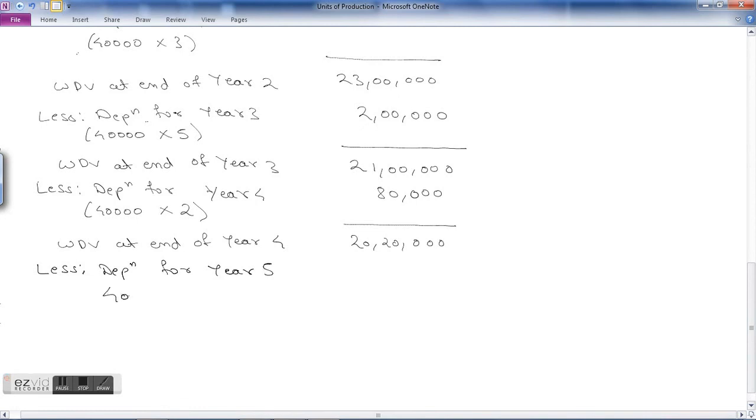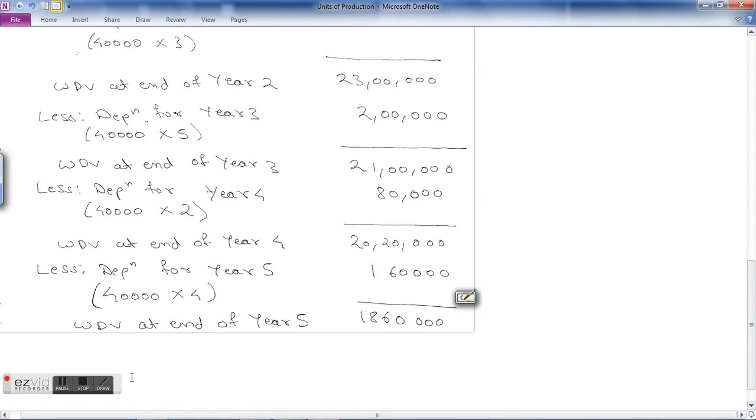So 40,000 into 4, that comes to 1,60,000. So WDV at the end of year 5 is how much? 18 lakh 60,000. Okay.